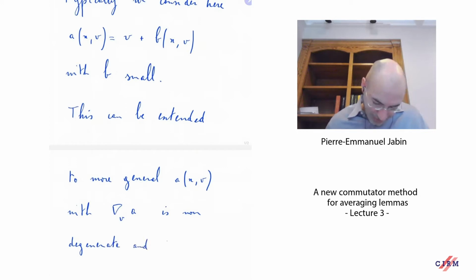And the gradient in X is small enough with respect to the gradient in V.